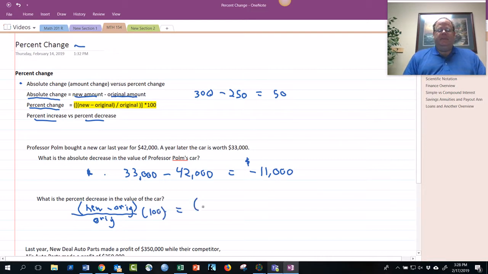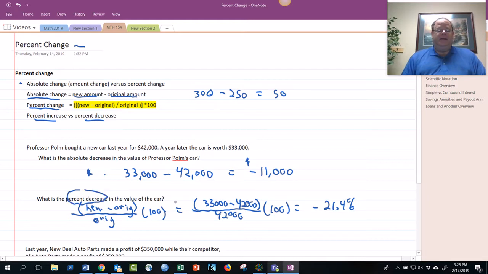So 33,000 minus 42,000, divided by 42,000, times 100 gets me negative 21.4%. Because it asks for the percent decrease here, you don't report the negative in the answer. The negative is already built into the word decrease, so your final answer will be 21.4%.